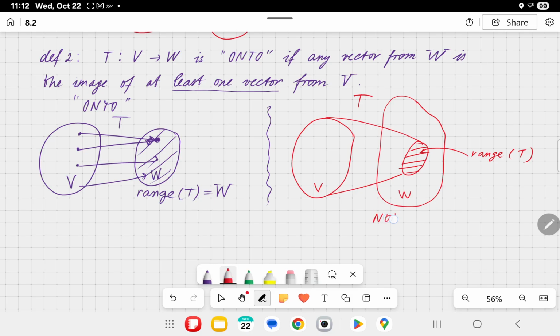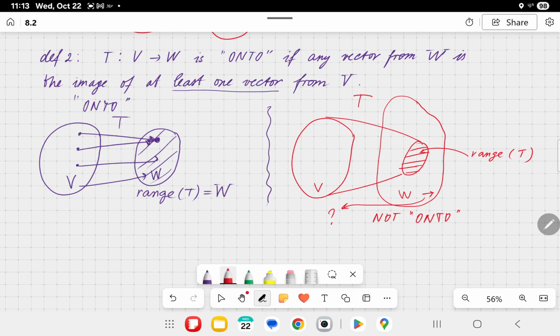This is not onto. I'm going to put it in parentheses because onto just looks like a word. We do have some vectors in W which do not have anything here, nothing here. They don't come from V. This happens sometimes, right? So transformations like this are called not onto.